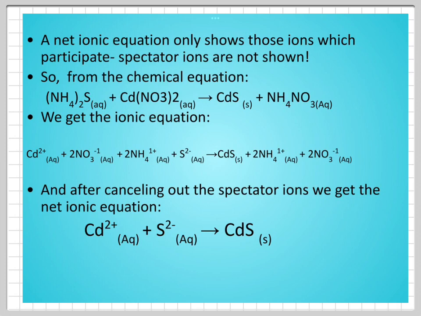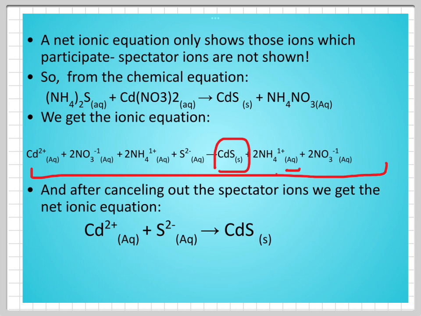So when we take the ammonium sulfide aqueous plus cadmium nitrate aqueous and get cadmium sulfide solid and ammonium nitrate aqueous, we do this whole big ionic equation. This shows all of the ions from both of those compounds that we started off with and the products, both the ones that form a solid and the ones that will remain in aqueous solution.